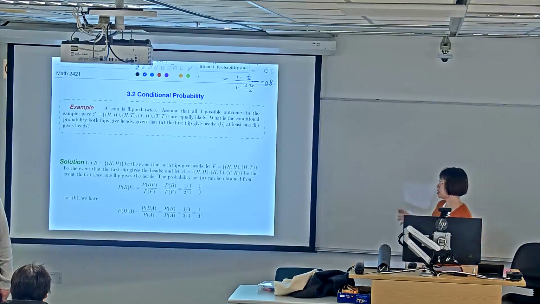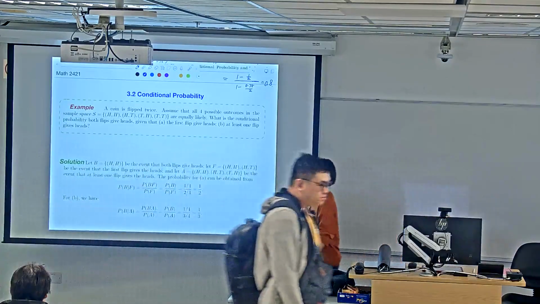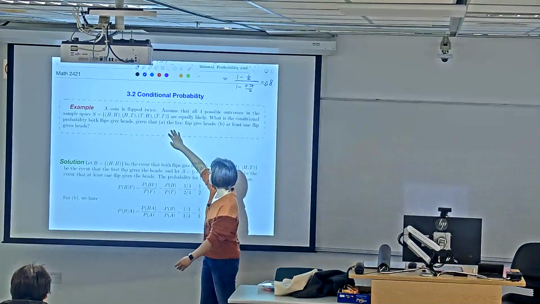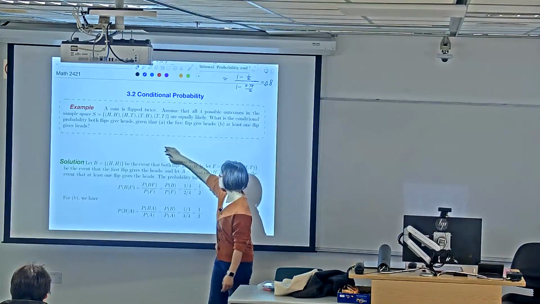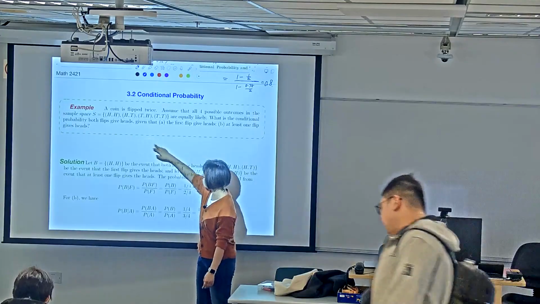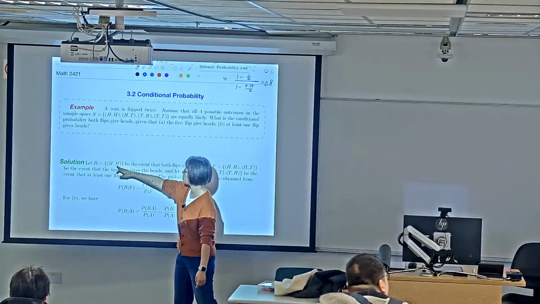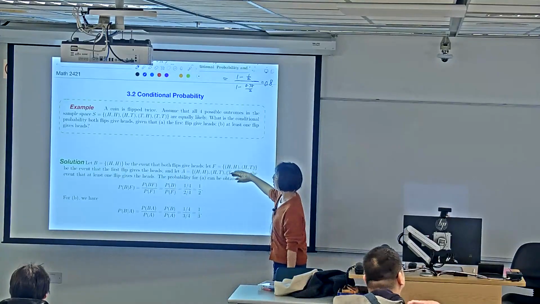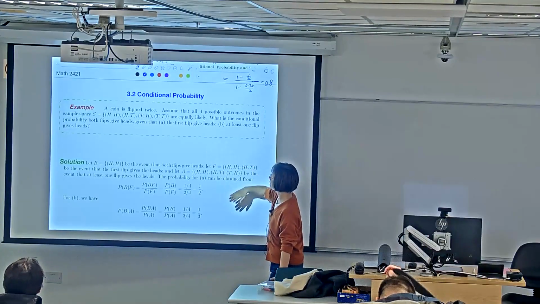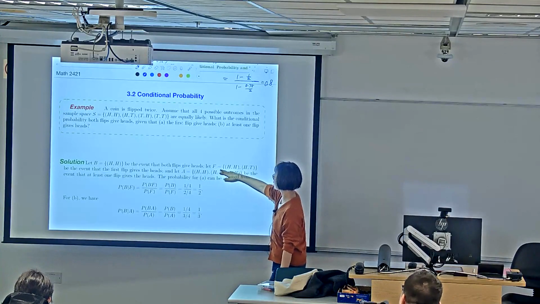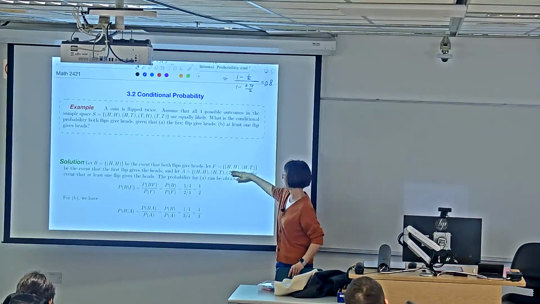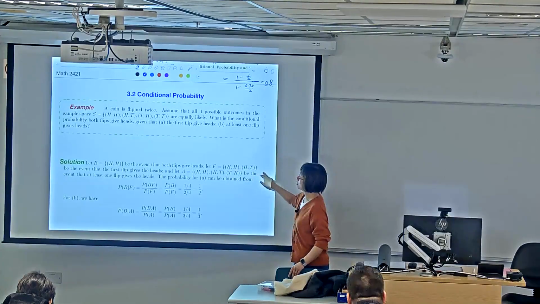Okay, so there are different ways of approaching that, mentioned briefly. For example, let's find the conditional probability both flips give heads. That's event B, head-head. And given the event that the first flip gives heads, this given event is F equals head-head and head-tail.